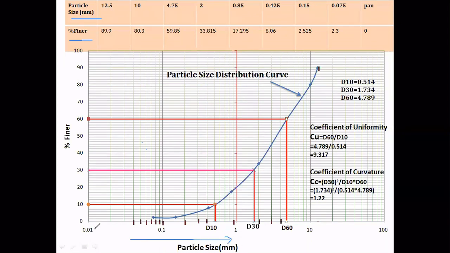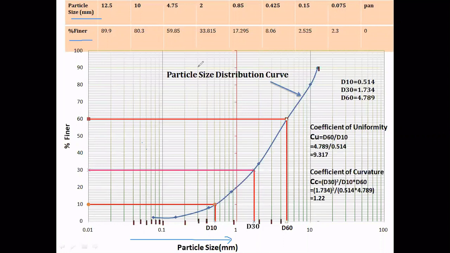We are going to use the logarithmic scale for particle size in mm because we have very small particle sizes. We have a range from 12.5 up to 75 micron. So we have to use the logarithmic scale on the x-axis. On the y-axis, we are going with the percentage finer. And this y-axis is your simple scale. So the x-axis is your logarithmic scale and the y-axis is your simple scale.